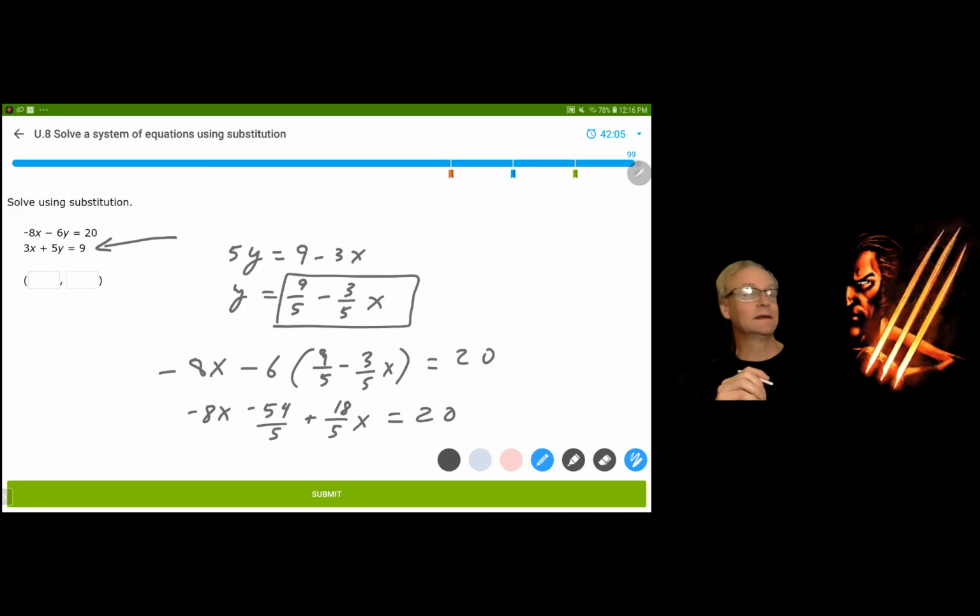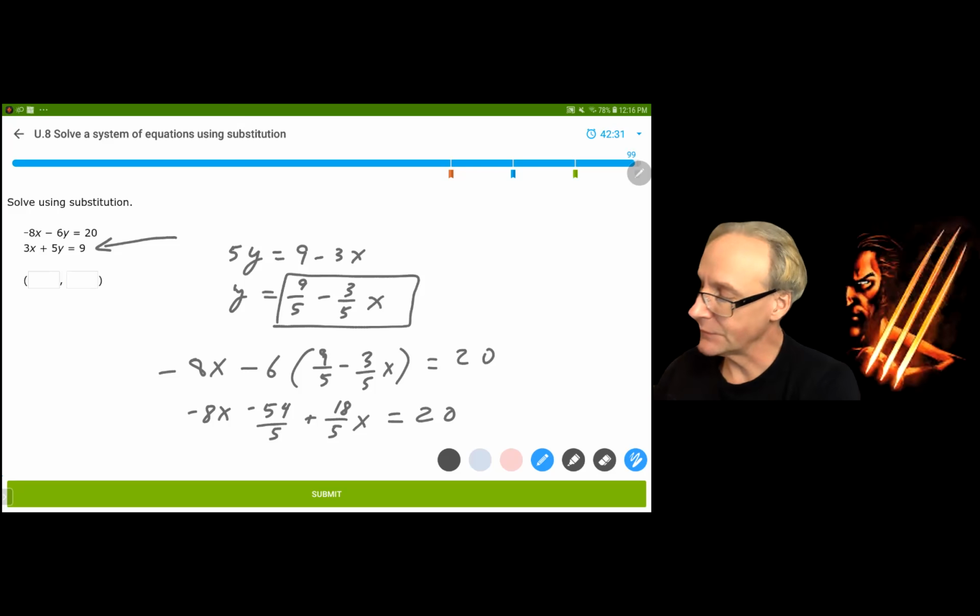Oh, man. Okay. So in order to solve this equation, I could write decimals. I could mess with it for a long time. But I want to point something out. Anytime you have fractions and you don't like fractions, you do not have to deal with them. All you have to do is multiply the entire equation by 5.